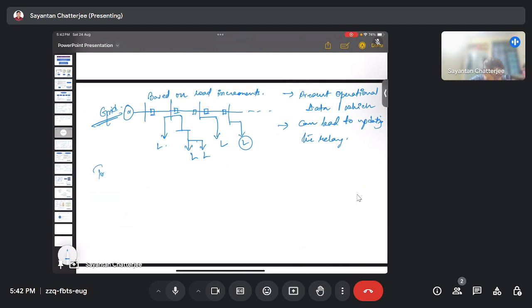So mostly we'll have to play with the thresholds, because it is the threshold which will deliver action. Based on this threshold it will deliver the action, right?